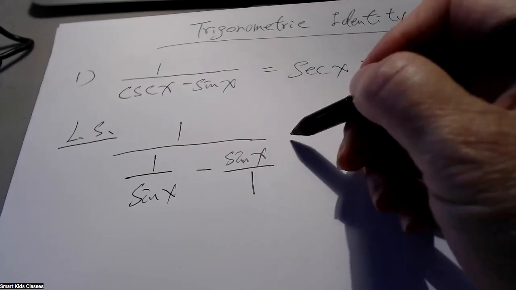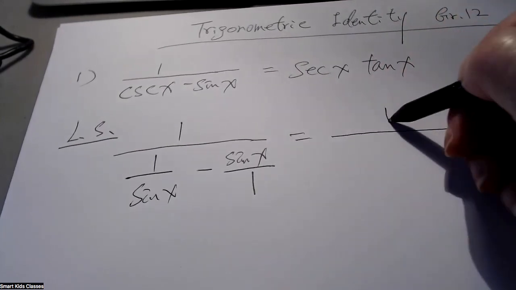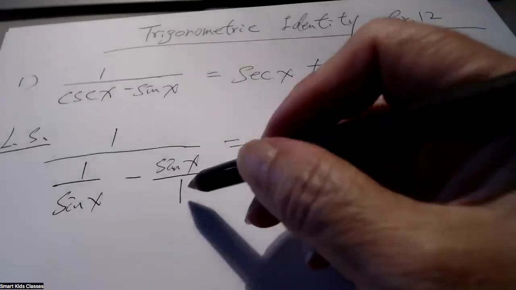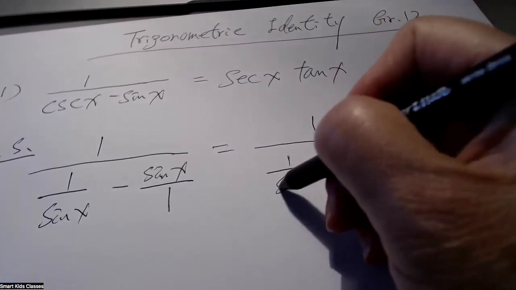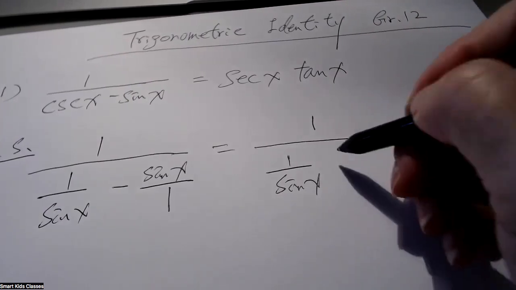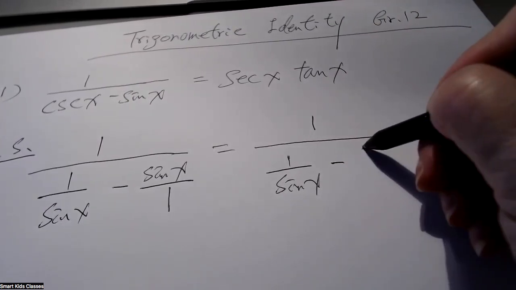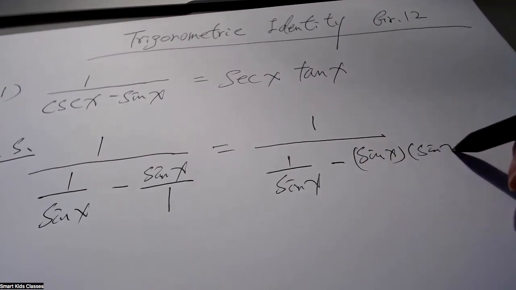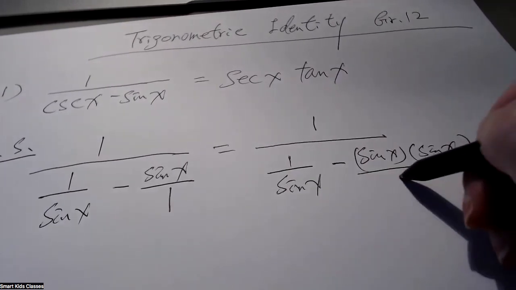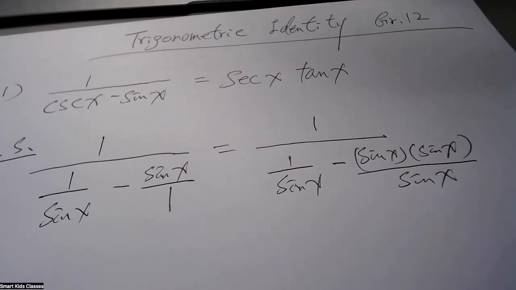I'm going to simplify the fraction by changing it into the same denominator. So 1 over sin x subtract sin x times sin x over sin x.